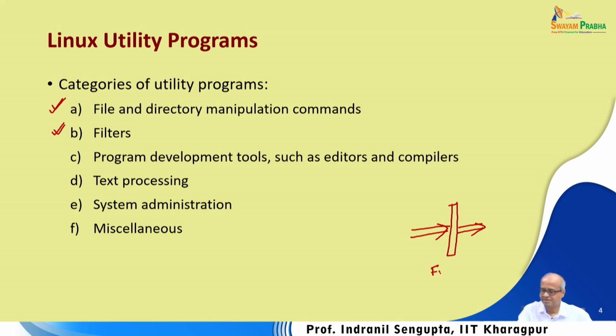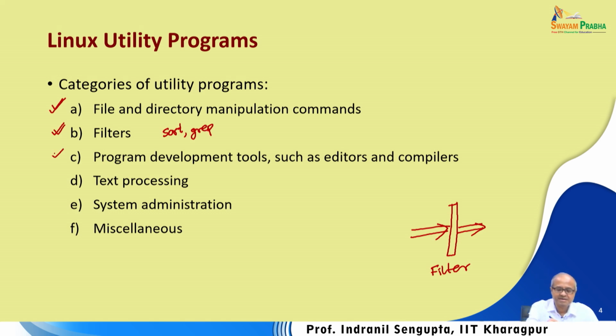This is what filter is. And there are many filters available. For example, sort is a filter where the output is displayed in sorted order, alphabetic order. Then you can have some utility like global replacement grep, which can check the presence of certain words in the output string and can only display words which contain that string, and so on.